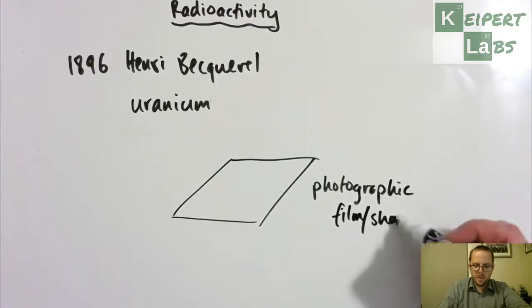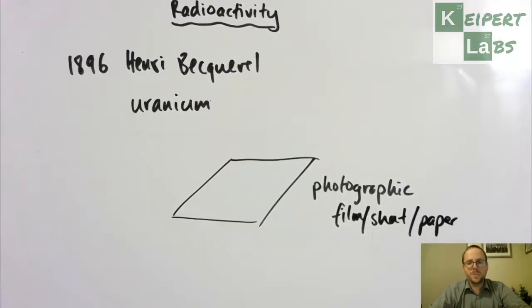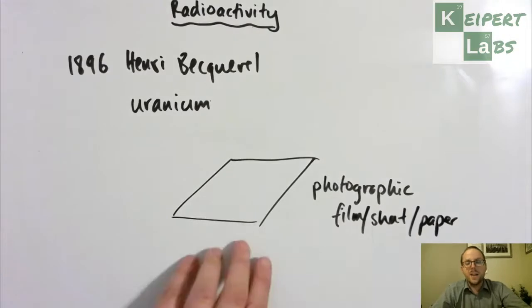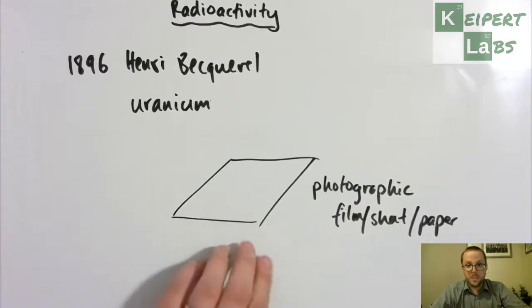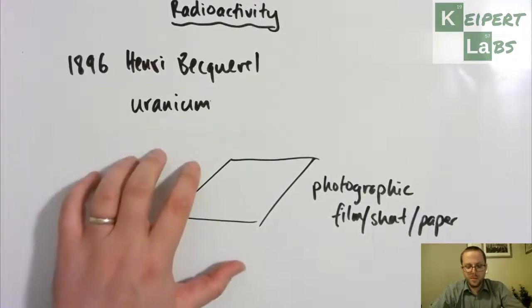Basically in old-fashioned cameras, it was this material that darkened in response to being exposed to light. So it darkened in areas where it was exposed to light, and that's how a photograph was developed.